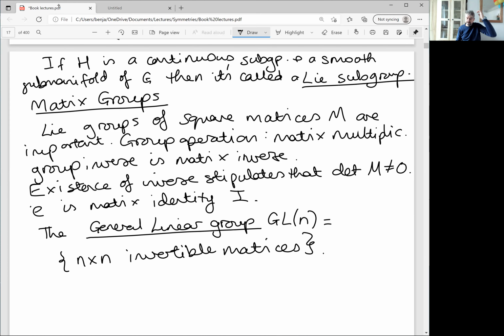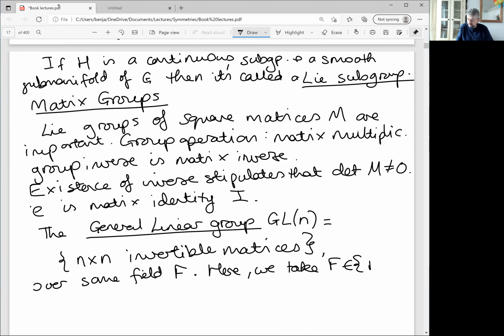And this is over some field F, and that's the field which fills the matrices. So in these lectures, we'll take F to be real or complex. That's going to be most relevant for our applications, but note you can take them to be quaternions or octonions as well.